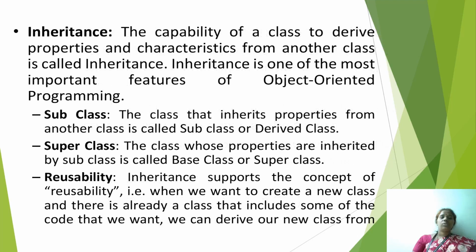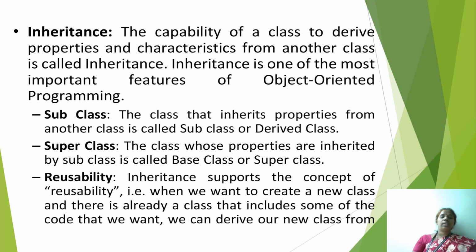Next, the last object-oriented concept is inheritance. This is one of the most important features of object-oriented programming. Here we need two types of classes. One class is the subclass, another class is the base class. The subclass can acquire the properties from the base class.